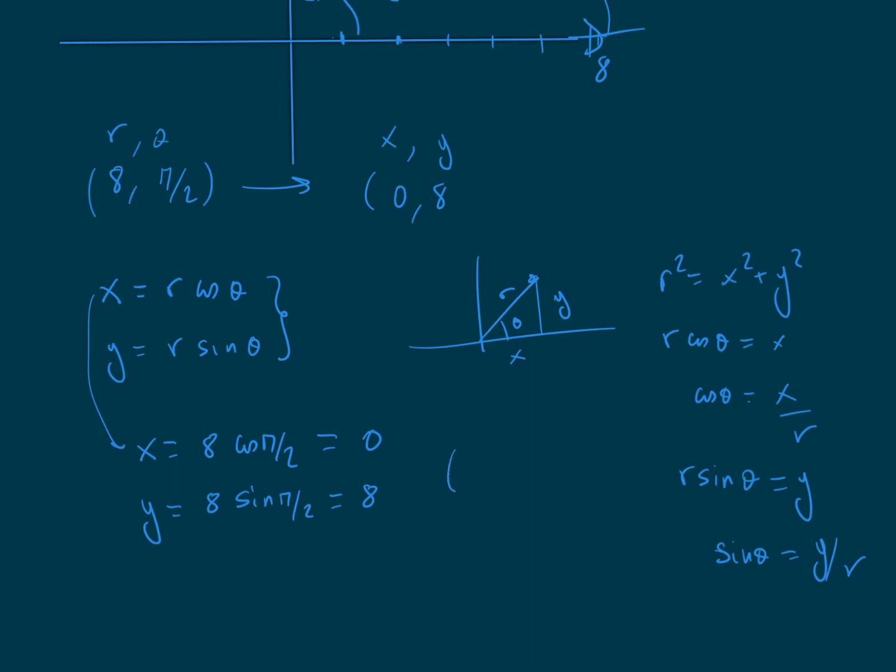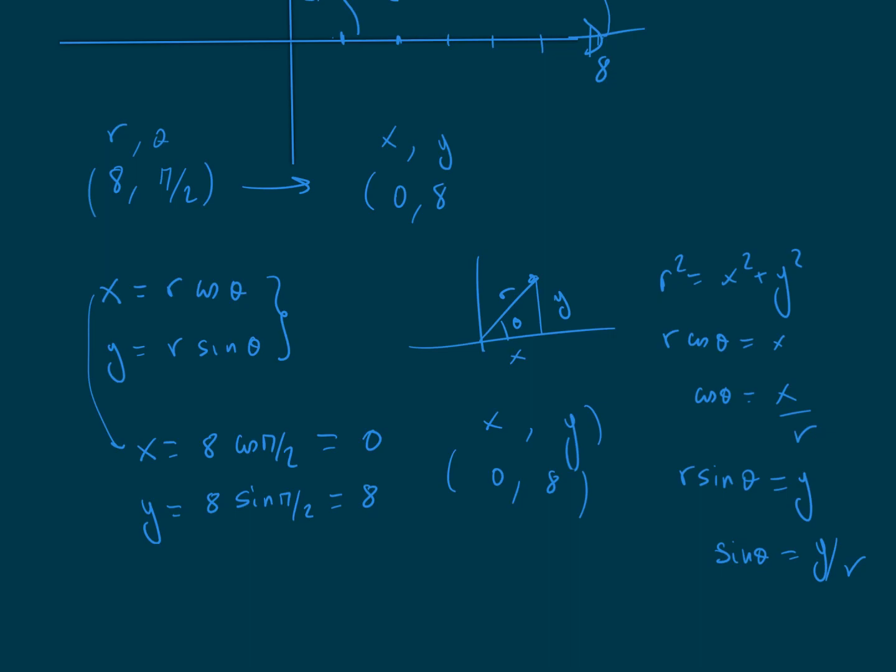So the point in Cartesian coordinates is the point (0, 8). So I converted the point (8, pi divided by 2) into the point (x, y) = (0, 8), that is the same point as this point in polar coordinates. It's the same point, only the information r and theta is different from the information x and y.